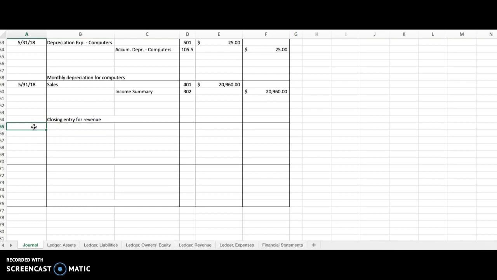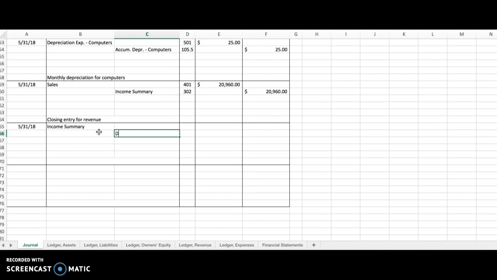The second closing entry will be to expenses. Now, expenses have a debit balance, so to close them, we need a credit. So this time we will debit income summary, that new temporary account, and we'll figure out the amount here in a second. And we will credit each of the expenses that we have.